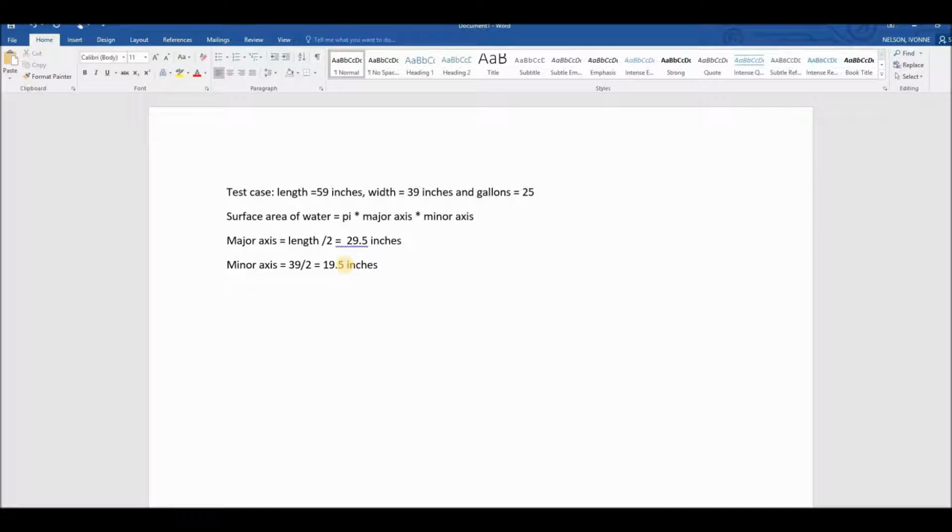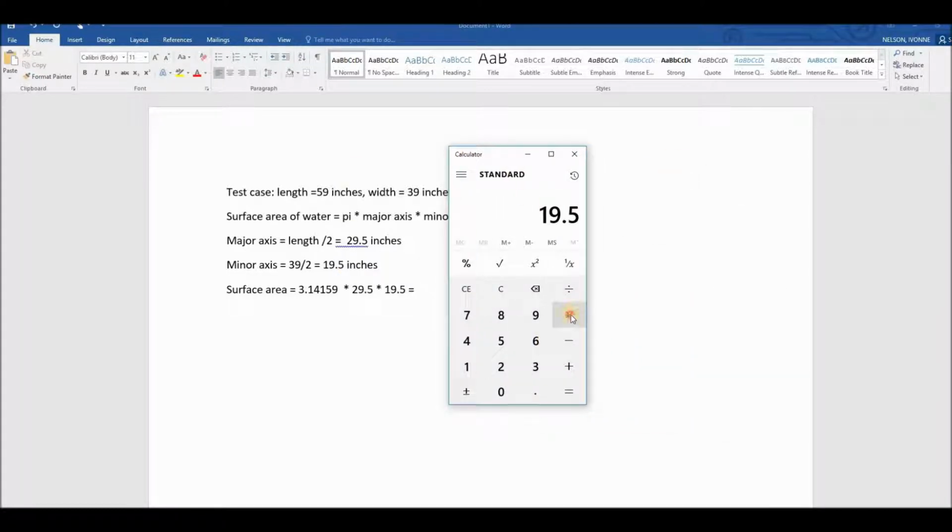Okay, so I'm going to say pi, which is 3.14159 in my book, times 29.5 times 19.5. Oops, that didn't work, silly me.